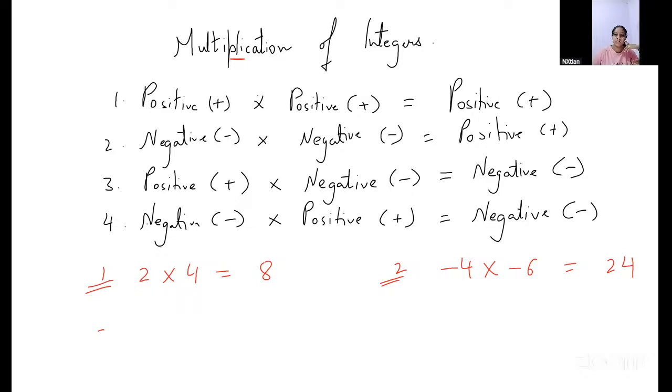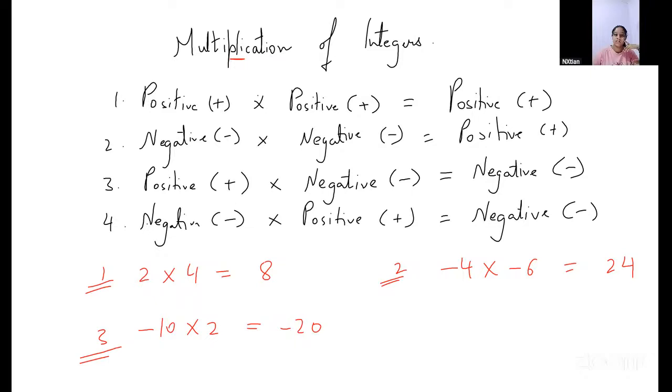Okay. Then when you have a positive and negative, for example, minus 10 into 2. What to do now? Multiply 10 into 2 to get 20 and put a negative sign. Okay.